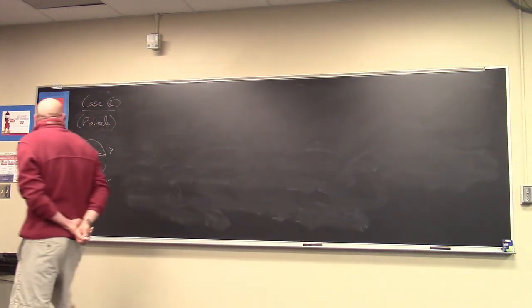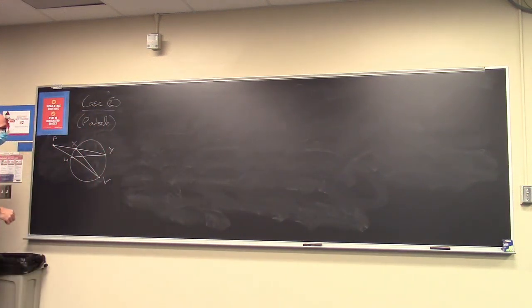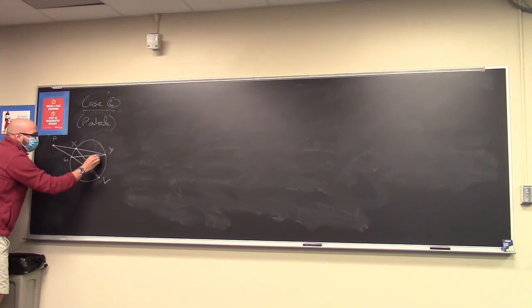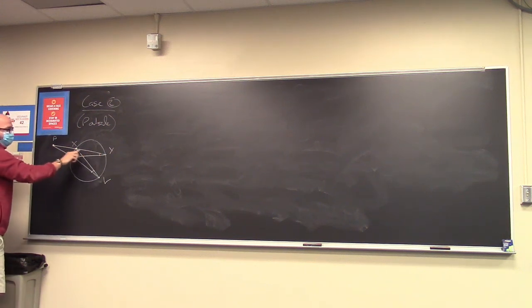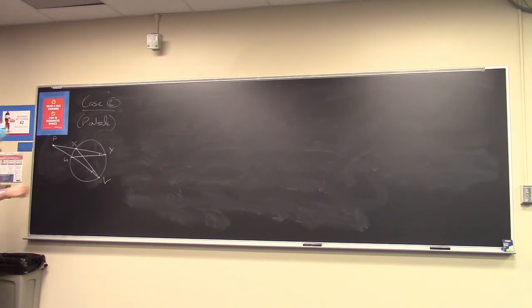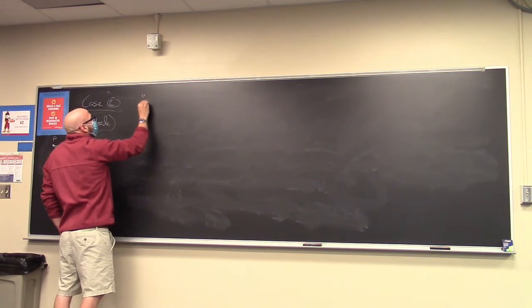And once again, what do I have? I have these 2 angles here. Those are inscribed angles that both subtend the same arc, right? XU. So this is just a sketch.